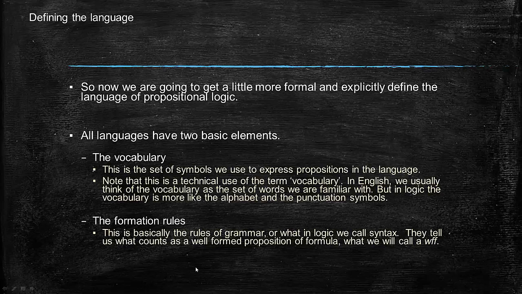When you think of vocabulary, you think of the words you know, but really the vocabulary in propositional logic is more like the alphabet. It's just the basic symbols. And the formation rules are just the rules of what we would normally call grammar, or in logic we call it syntax: the allowable ways of putting the vocabulary together.